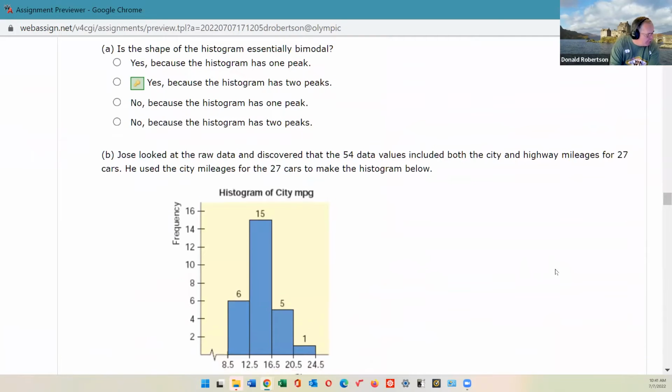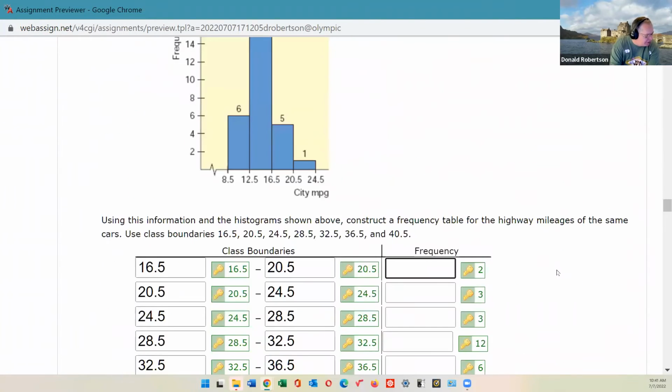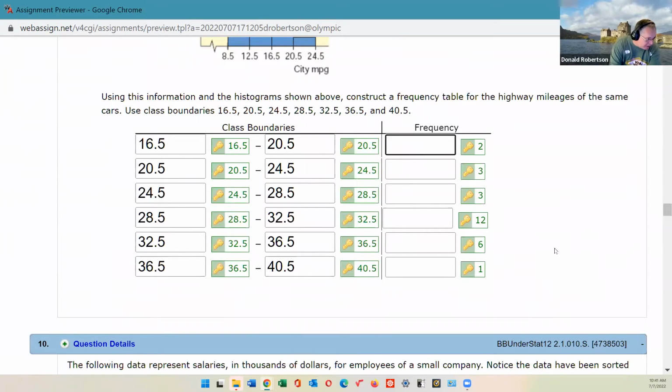I'm going to kill question 9 because I don't know what the answer is. The alternate would be, can you just remember 2, 3, 3, 12, 6, and 1, and we'll argue about why those numbers are them, because I do not see at all where they're coming from.